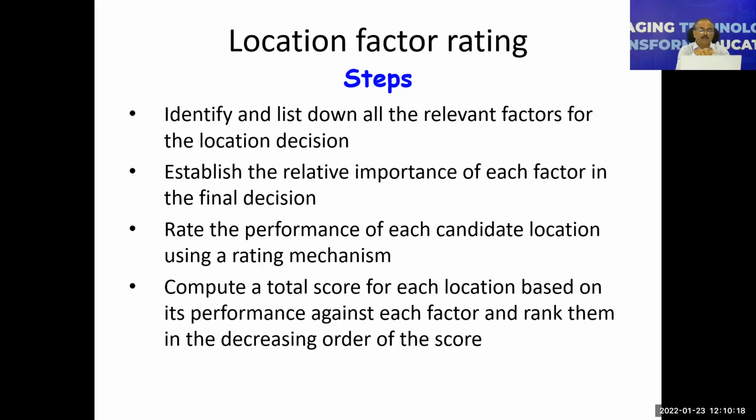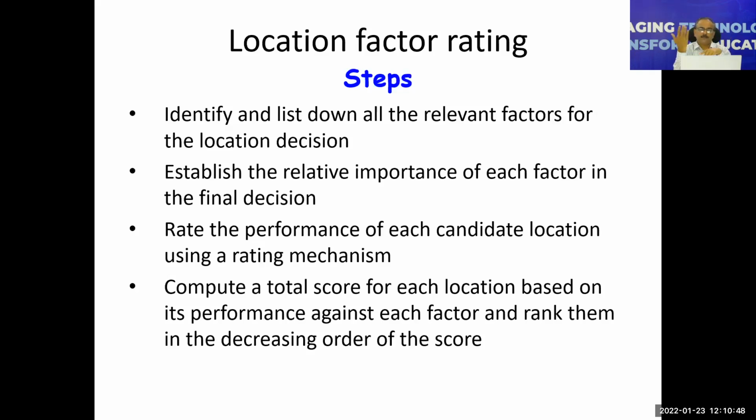As a part of this factor rating method, you first have to identify and list all the relevant factors involved in that particular location decision. Then you have to establish the relative importance of each factor, because each factor will have a certain relative importance. For example, if you are looking at the availability of raw material as a factor, there will be a number of locations which are suitable for the decision.